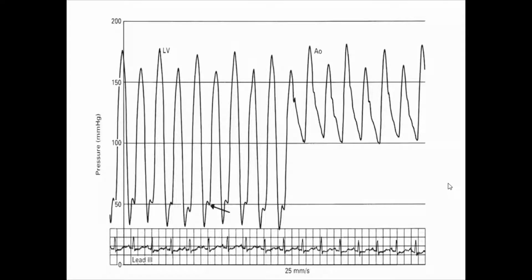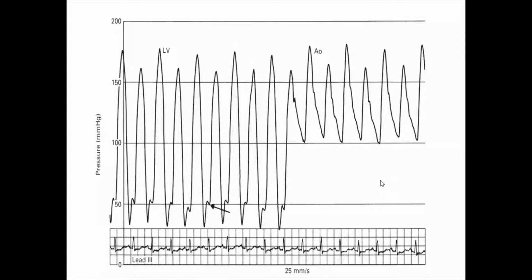The LV showing peak pressure up to, I think, 170 or 180, not in all beats but in an alternate way. There is beat to beat variation. The peak LV systolic pressure may be around 160 to 180.